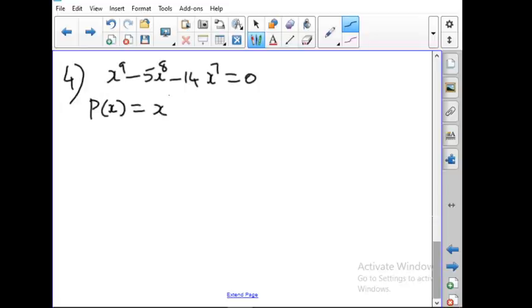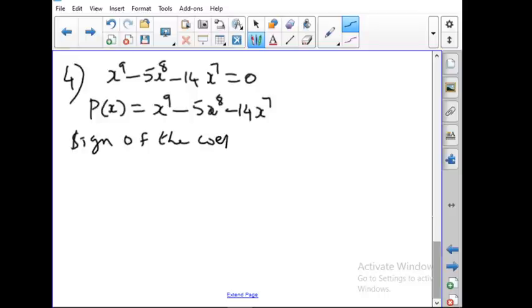So it is equal to x power 9 minus 5x power 8 minus 14x power 7. So the number of sign changes again. What about the sign of the coefficients? Plus, minus, minus.